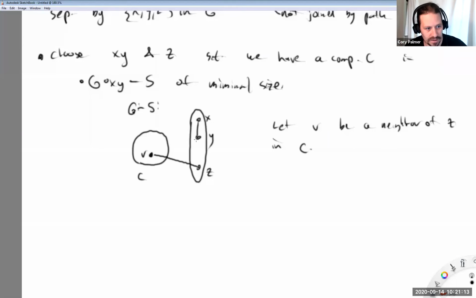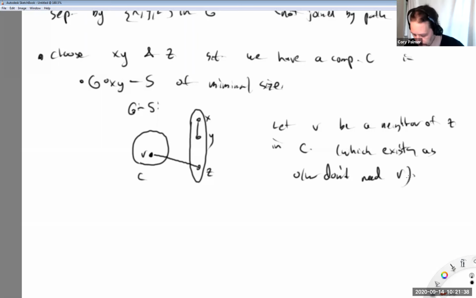Because deleting X and Y would delete everything that could get across if nothing went through Z. Does that make sense? I don't need to delete Z in that case. Then Z would just be part of the other components over here, but it couldn't be a part of this one. So such a V exists, otherwise we wouldn't need Z.